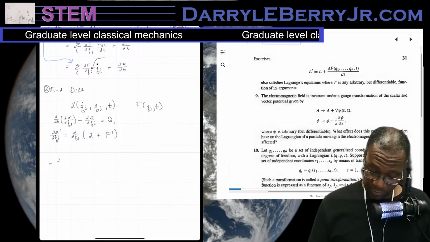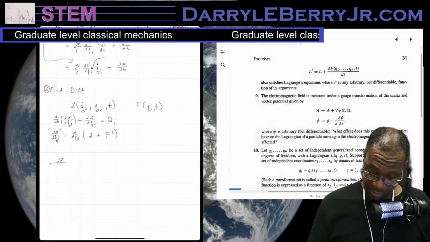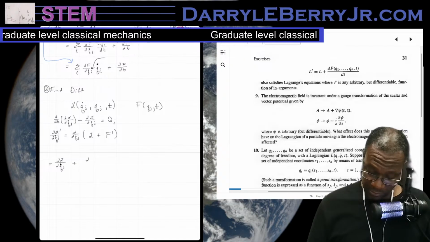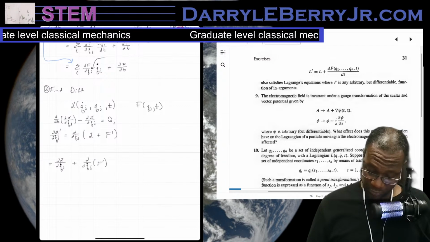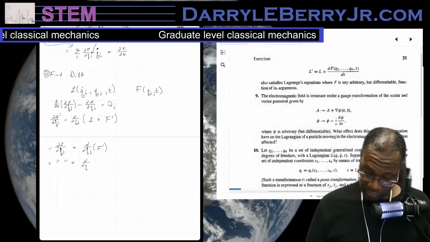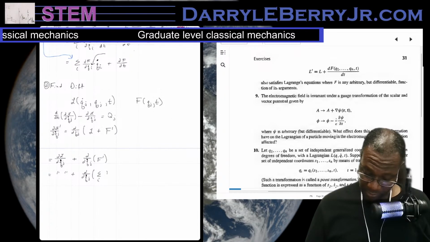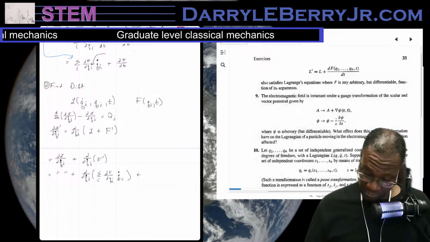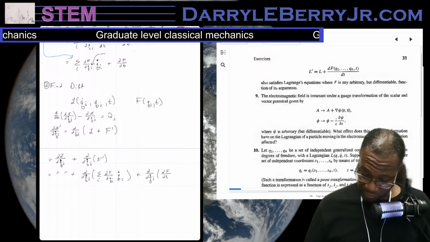So this equals partial L over partial q dot j plus partial over partial q dot j of f prime, which equals, I'll bring this down, plus partial over partial q dot j of the sum over i of partial f over partial q i dot, plus partial q dot j of partial f over partial t.